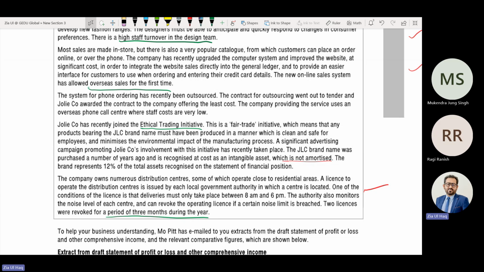So we need to discuss with the management the reason behind no amortization, to see if reasonable. Second, we can consult independent expert regarding the life of the brand, because if life is not indefinite, then what is the life of the brand? By how much amortization is required? So we need to consult independent expert regarding useful life of the brand.